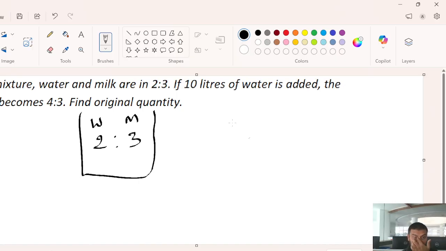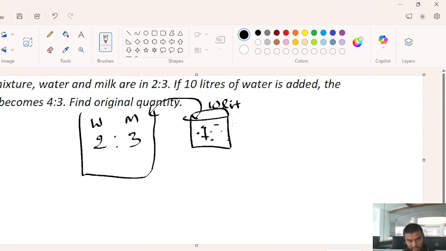If 10 liters of water is added to this, then the ratio becomes 4 is to 3.